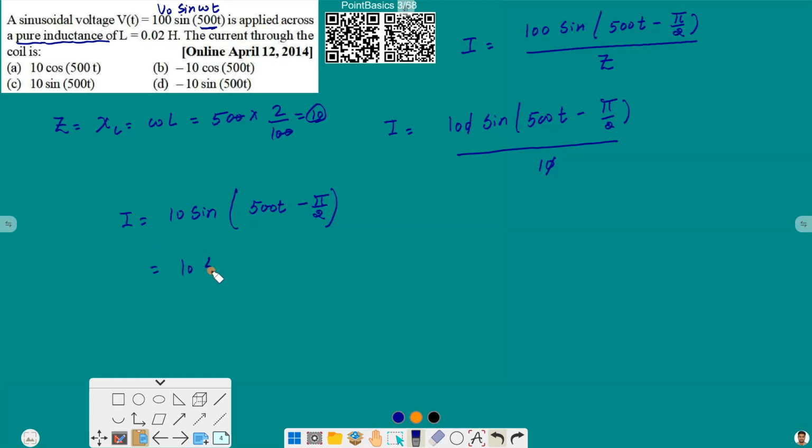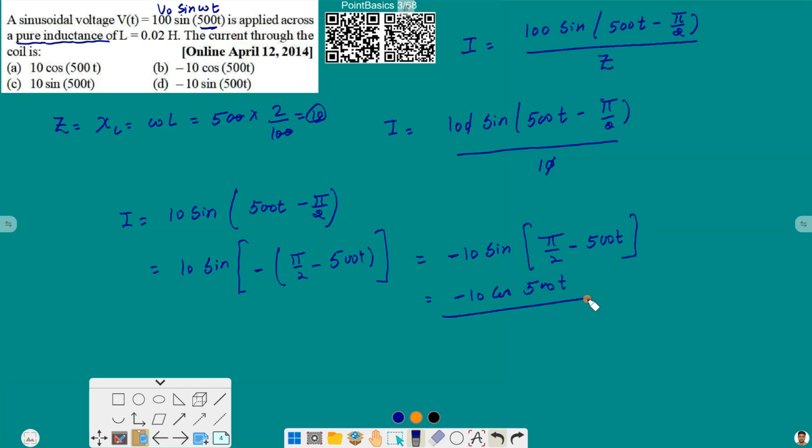So 10 sin(pi by 2 minus 500t) with a minus sign, only the cos absorbs the negative sign, so this will be minus 10 sin(pi by 2 minus 500t), and now sin(90 minus theta) is cos theta, so it will be minus 10 cos 500t. So this will be the answer here.